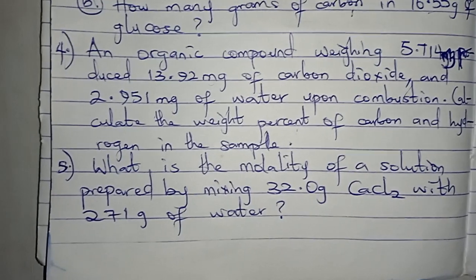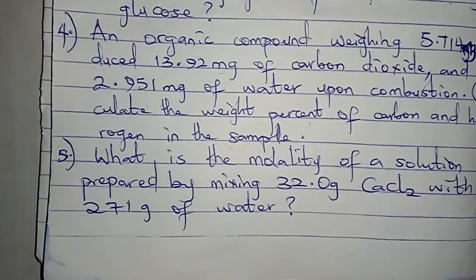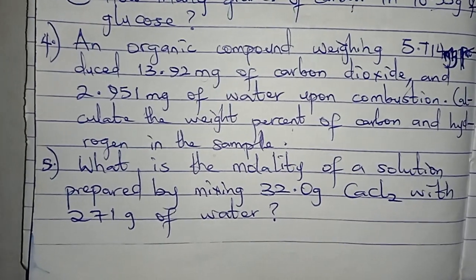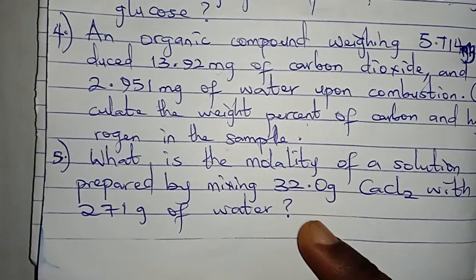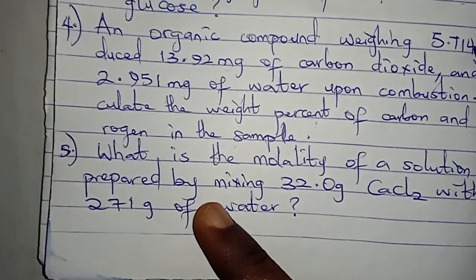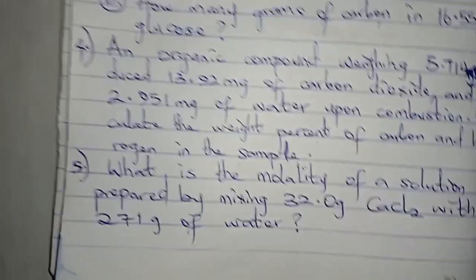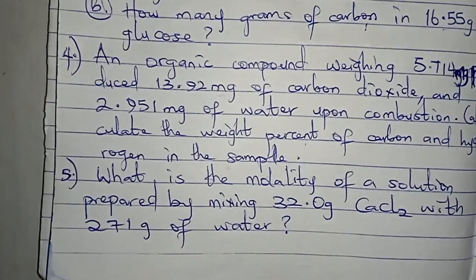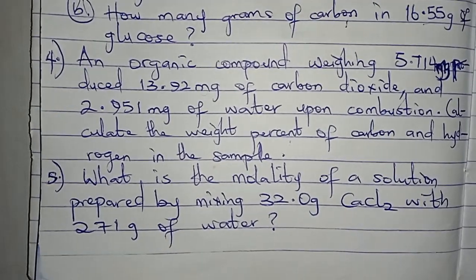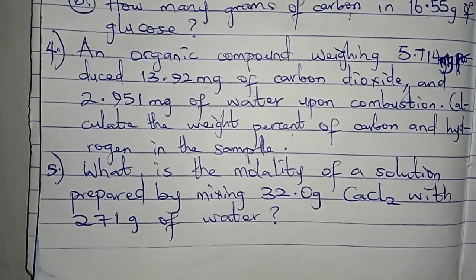This question says, question 5, textbook chapter 2. What is the molality of a solution prepared by mixing 32.0 gram CaCl2 with 271 gram of water? Remember that molality is the same thing as saying mole of solute all over kilogram of solvent.